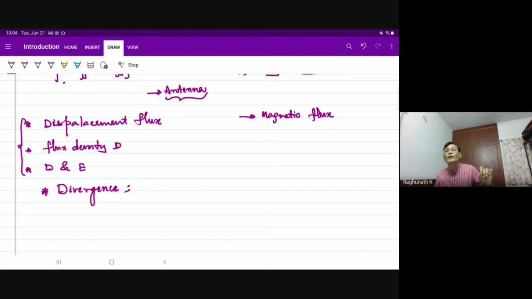Divergence of a vector field is there in the vector calculus part of our maths. You have to come back through electrostatics if you are learning it properly. After divergence, we speak about the divergence theorem, Gauss divergence theorem, right?